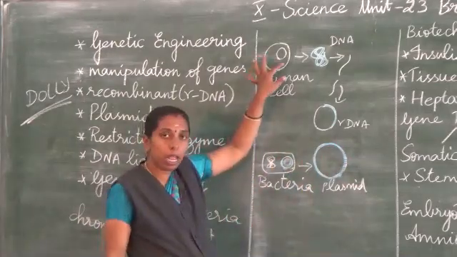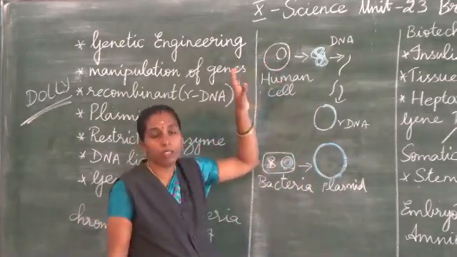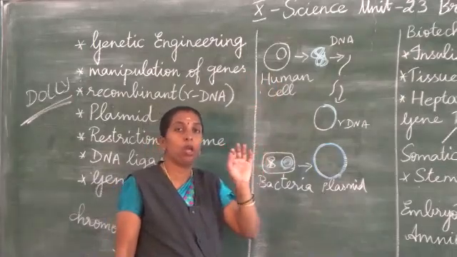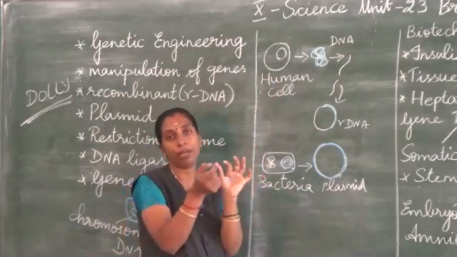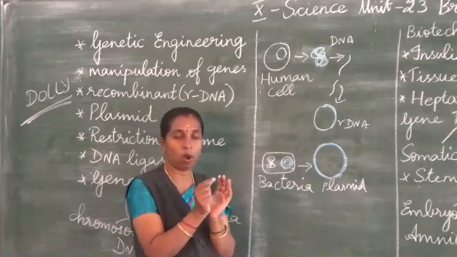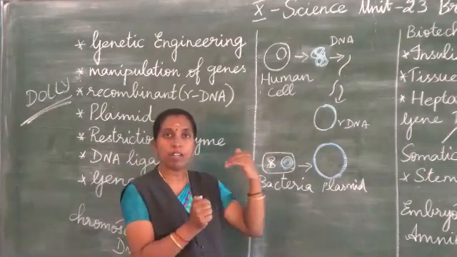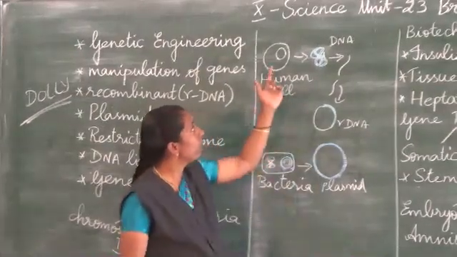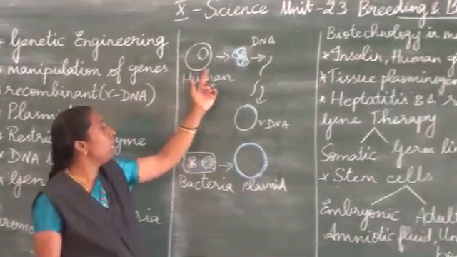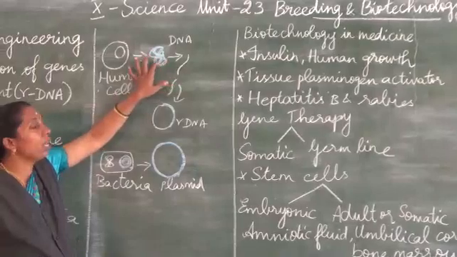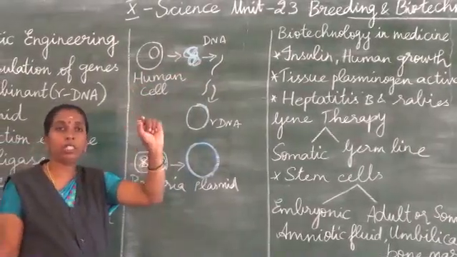In the human cell, gene cloning takes place using recombinant technology. Whichever desirable gene we want, first we have to collect that. For example, in the human cell we are collecting the DNA.